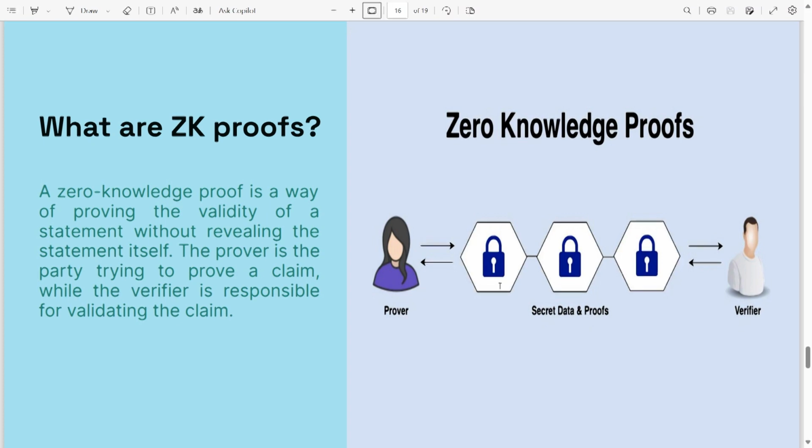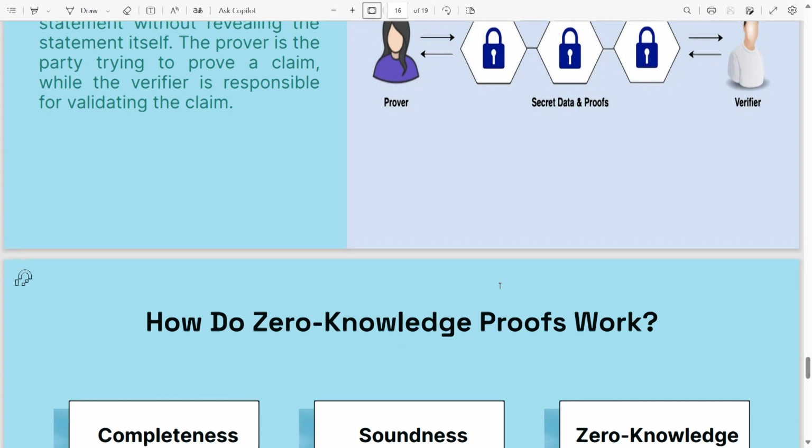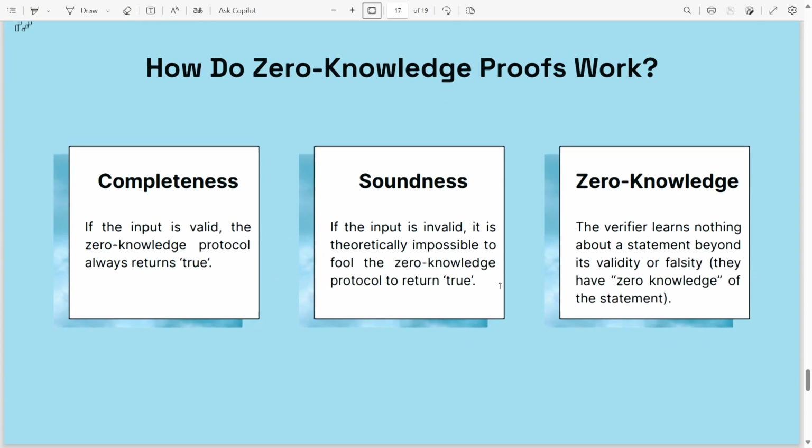Okay, how do they work? We have to satisfy these three properties to call a proof a zero knowledge proof. It has to satisfy completeness, which says that if your input is valid, your result will always be valid, right? You cannot create something false with correct values.